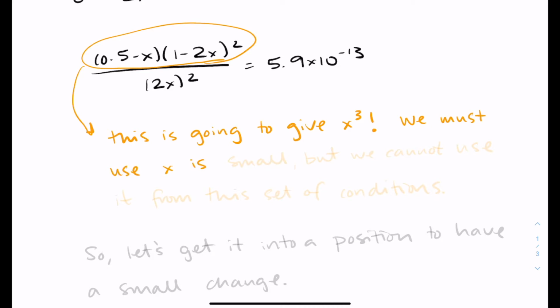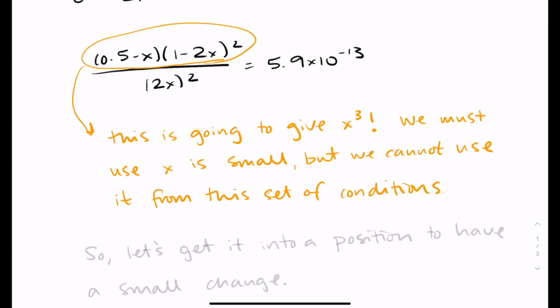The only way that I know how to solve this is by assuming that x is small, but we cannot use it from this set of conditions. So comparing my initial conditions to my equilibrium constant, I am not close to equilibrium at all, which is the requirement for being able to use x is small.